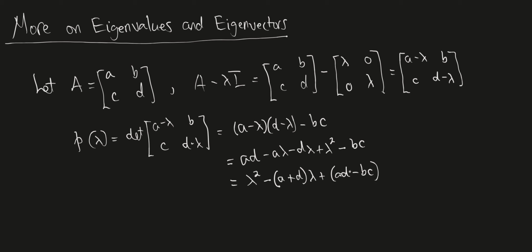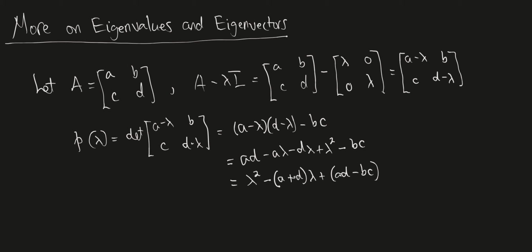Wait a second. Let's say that again. AD minus BC. Now where have I heard that before? Oh, right. That's the determinant of the matrix. So the constant in our characteristic polynomial of a 2 by 2 matrix is just the determinant of A. Well, that's helpful.